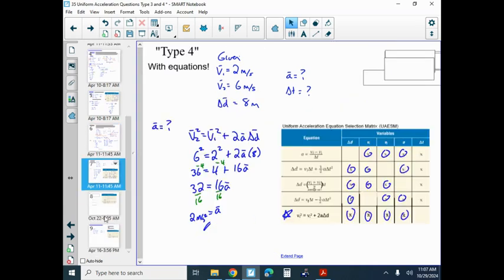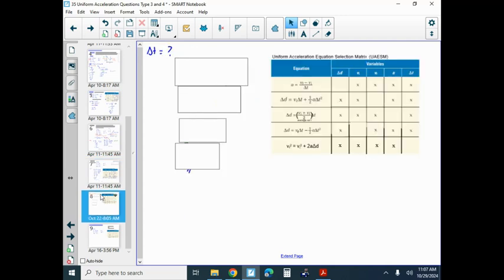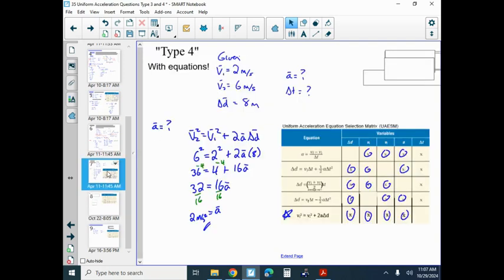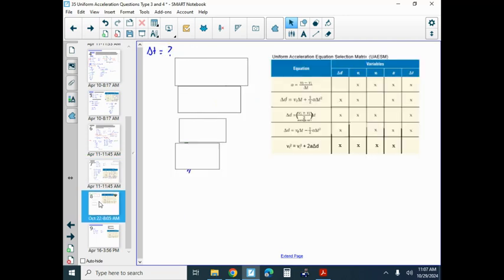And then if we're looking at getting the time, let's keep track here. We've got V1, V2, displacement, and time we want to use. V1 and V2, displacement and time. So if we want to just go ahead with what we were given originally, we'd use this one.